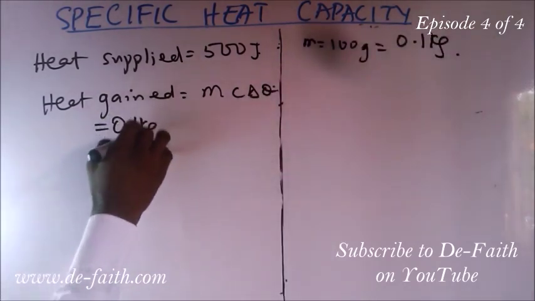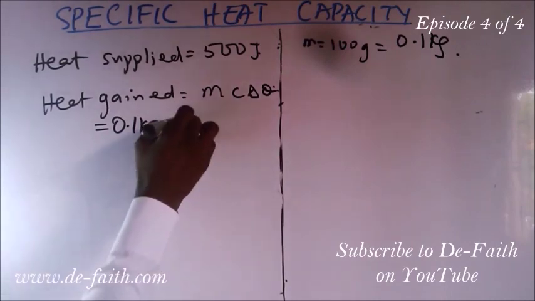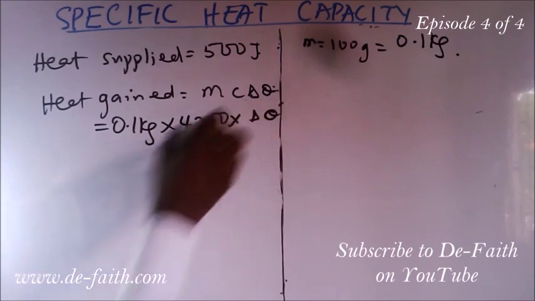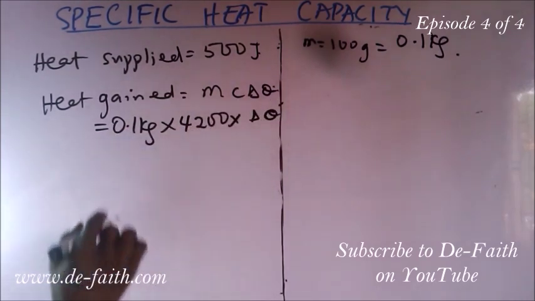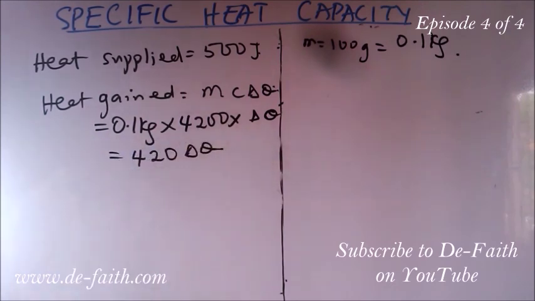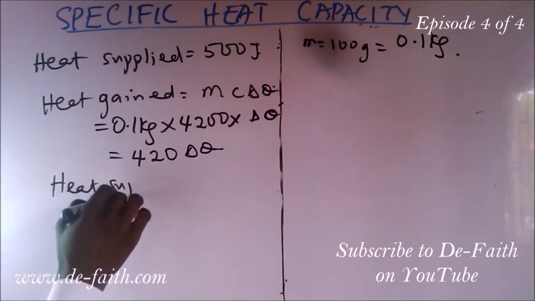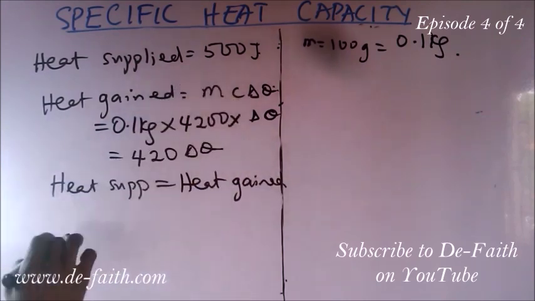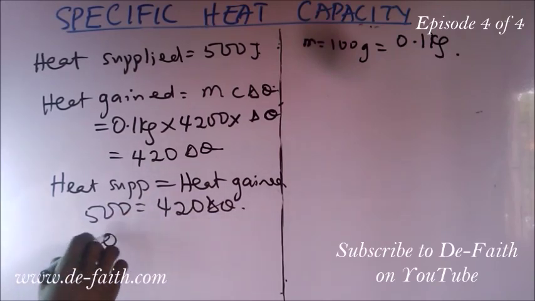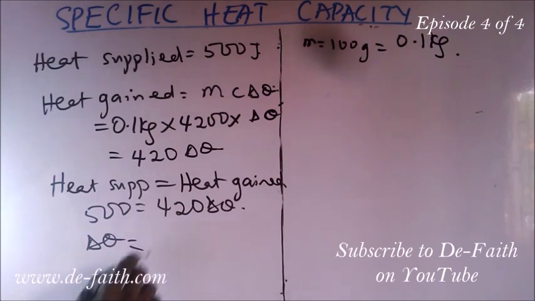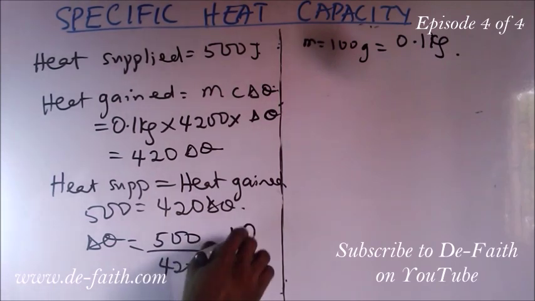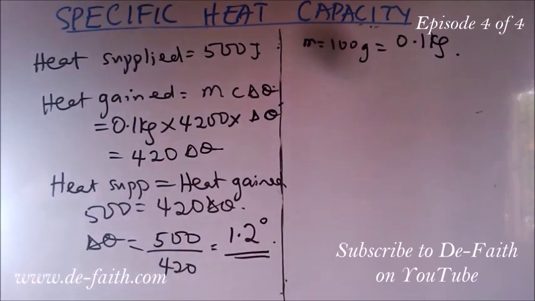Then the specific heat capacity of water is 4,200, and we are looking for the temperature change. This 0.1 multiplied by 4,200 will leave us with 420 delta theta. Knowing that heat supplied equal to heat gained, hence we have 500 equal to 420 delta theta. Making delta theta the subject of formula, we'll divide both sides by 420. So we have 500 over 420. We'll be left with 1.2 degrees as the temperature change.